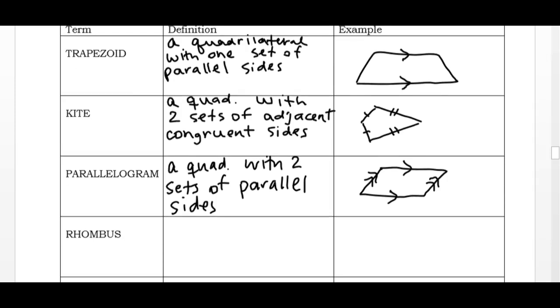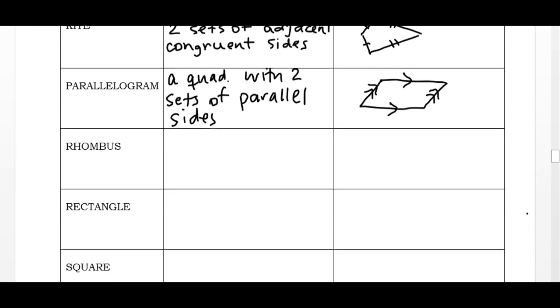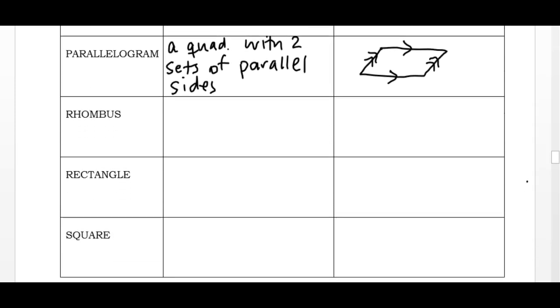Moving forward, my next three words are actually all special parallelograms. So it would start the same as my parallelogram, where it has the parallel sides, but it's special because all four sides are also congruent.